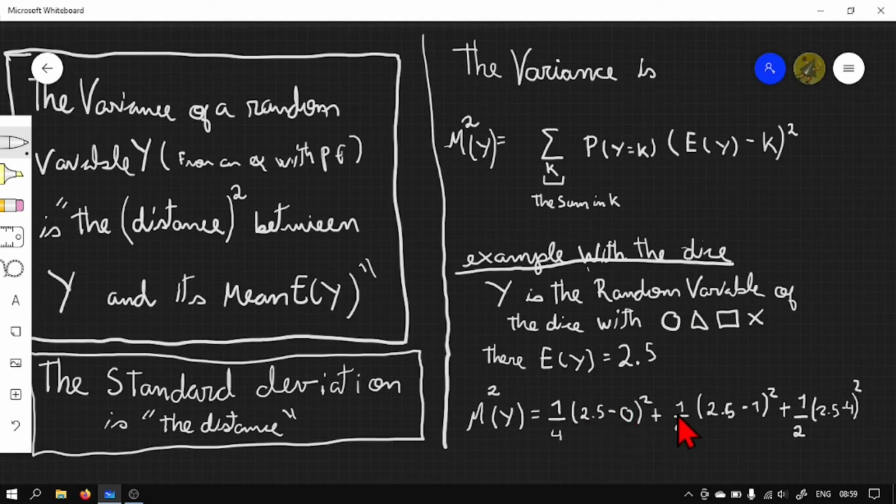Then the probability of being 1, that is 1/4. Then the mean minus the value, that is 1. And then the probability of being 4, remember that the value is 4 if we have these two last faces up. So it's 1/2 the probability. And then 2.5 minus 4, which is the value of the random variable. All squared, like if it were a distance. Or well, the square of a distance.